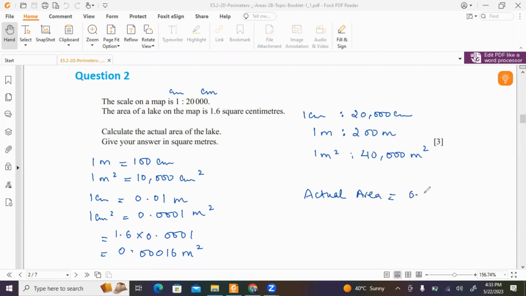Now to find the actual area, 0.00016 times 40,000 is going to be 0.0064 meters square.